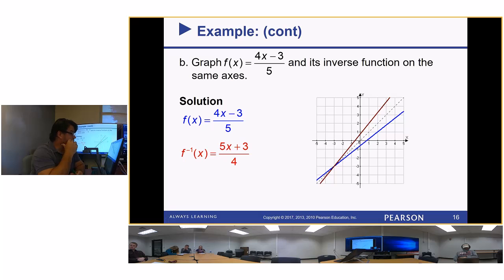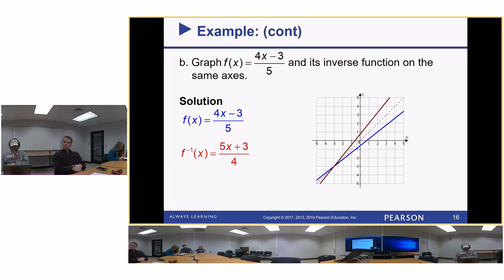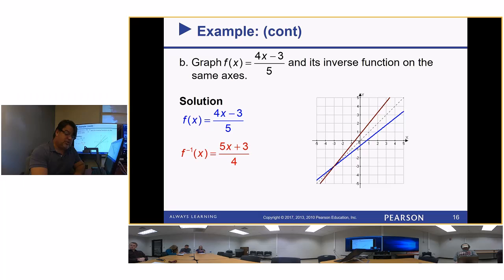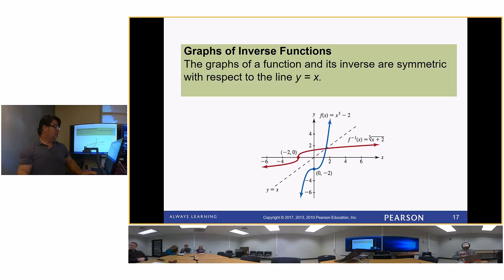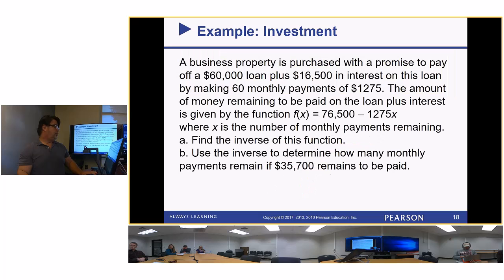You need to write that down because that's your line of symmetry. It's called a diagonal line of symmetry. And with x to the first functions, whenever you have a straight line, that's always going to be your line of symmetry. All right? Okay, let's look at this one.